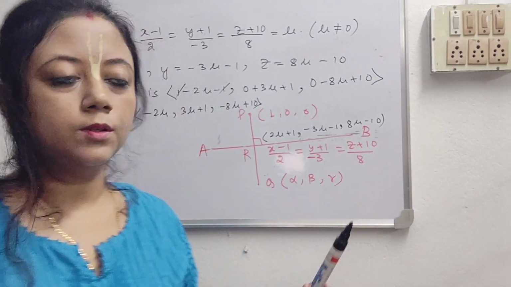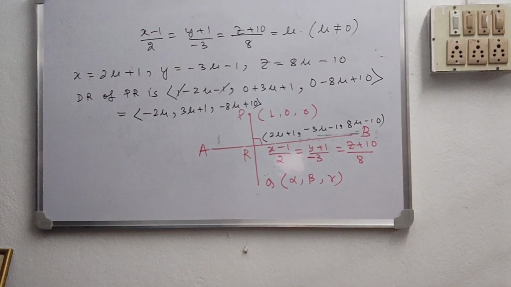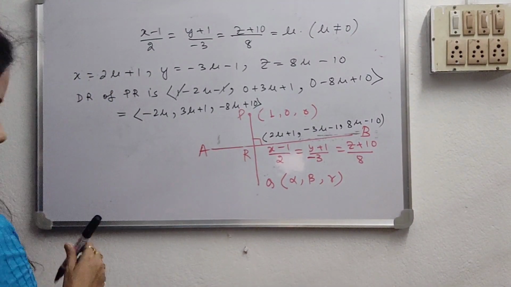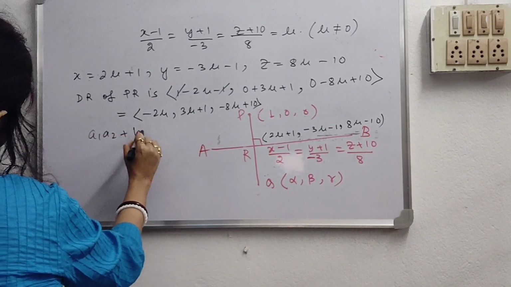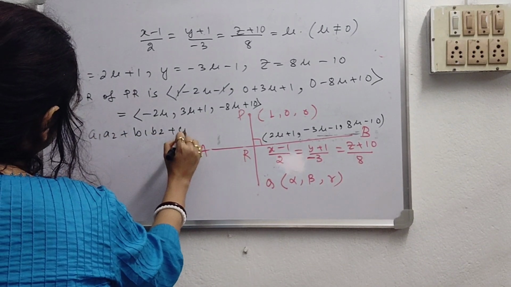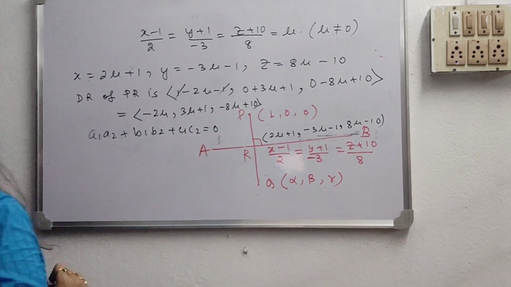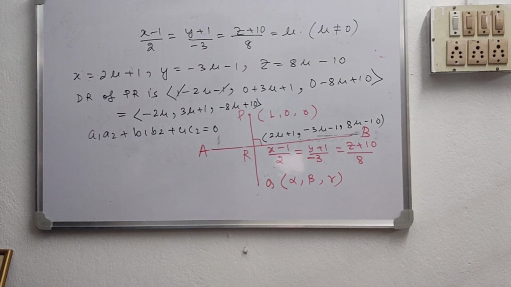So what I know is that if two lines are perpendicular to each other, then A1 A2 plus B1 B2 plus C1 C2 equal to 0. You know that.